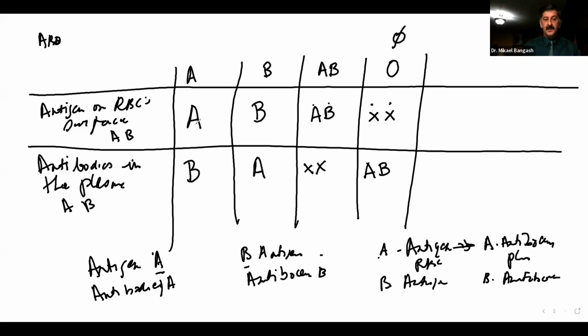These are the antigens on the surface of the red blood cell, and these are the antibodies in the plasma. Clear? When you have the same antigen and the same antibody, they will react. They named the A antibody the A antibody because it was going to react against the A antigen, and the B antibody the B antibody because it was going to react against the B antigen.